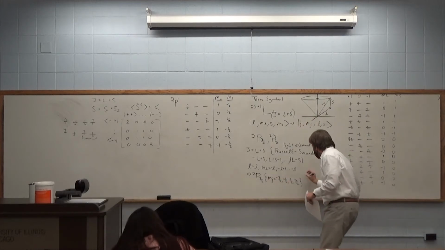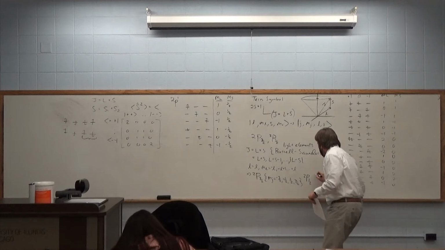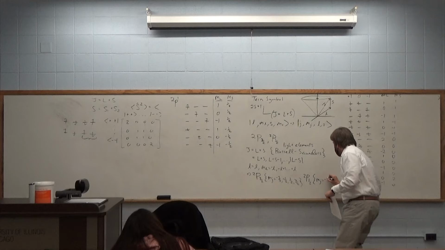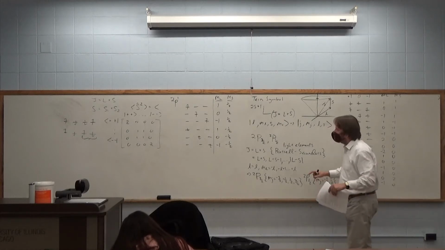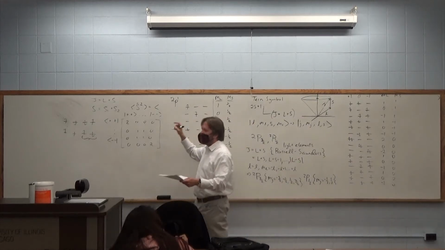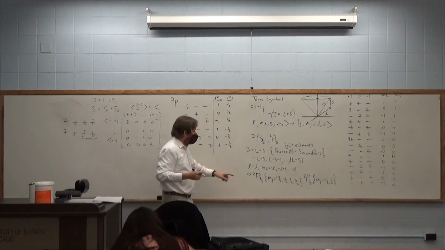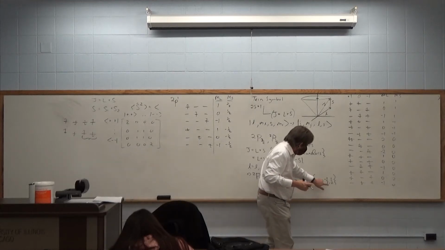For 2P 1 half, you're going to end up with M sub J of minus 1 half and 1 half. The point is that if we had 6 basis functions, then we need 6 linear combinations: 1, 2, 3, 4, 5, 6.